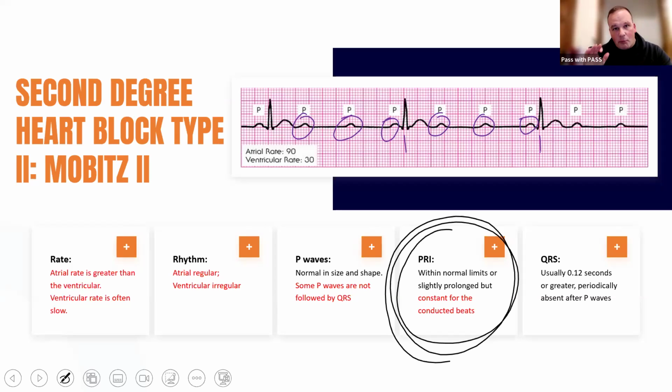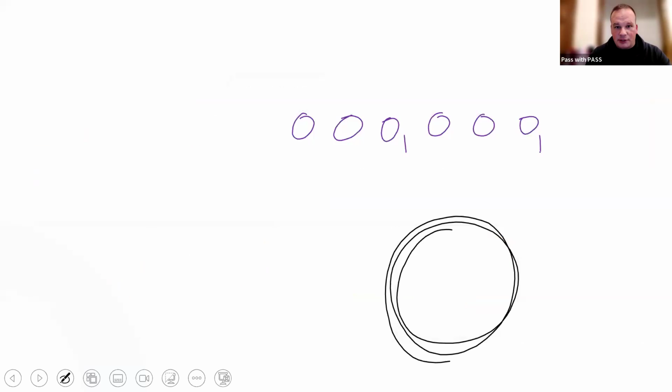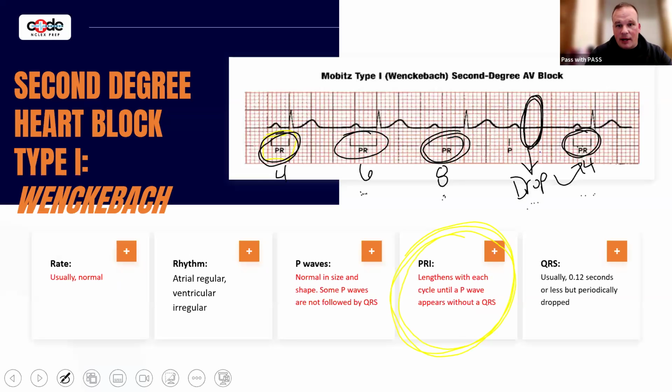So when I have more P waves than I have QRS complexes, that means I have a heart block. That alone does not tell me what type of heart block I have, because as we just saw in our Wenckebach, I have more P waves than I have QRS complexes, right? Not in every single part of this strip, but I do have more P waves than I do QRS complexes, right?